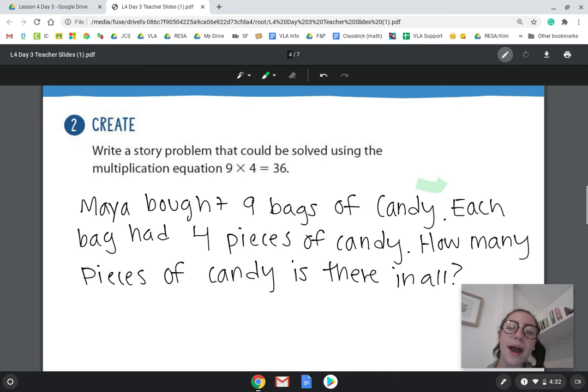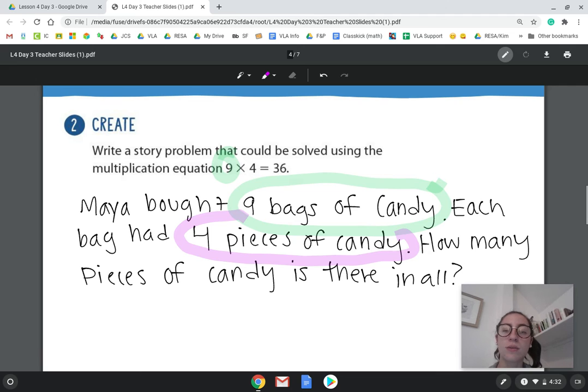So the 9 bags of candy in my story represent my 9 groups. When I look at having 4 in each group, I know that there are 4 pieces of candy in each bag. So that is where my 4 comes from. Whenever you're making a story problem, you have to think about your groups and how many you have in those groups to make sure that it makes sense.